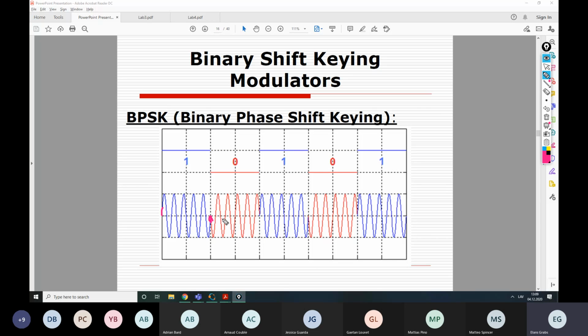Actually, when you add noise to this picture, and that's what we are going to do in our practical exercise 1, you will see that there is no way to see by eye where is the 1 and where is 0 anymore. However, in our second part of the lecture, we'll talk about the optimal receiver, which can extract that information, given that you will provide exactly the same original signal to compare with.